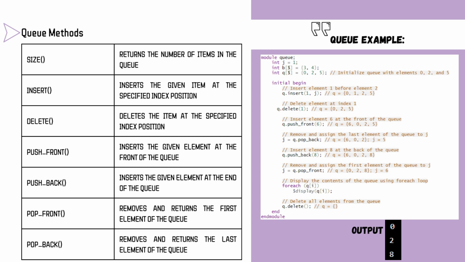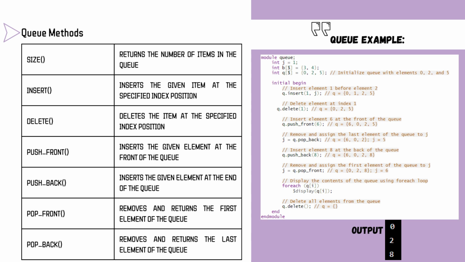The module starts by declaring three arrays J, B and Q. The J array is initialized to the value 1, the B array is initialized with two elements 3 and 4, and the Q array is initialized with three elements 0, 2, and 5. These arrays are used to perform various operations on the queue.